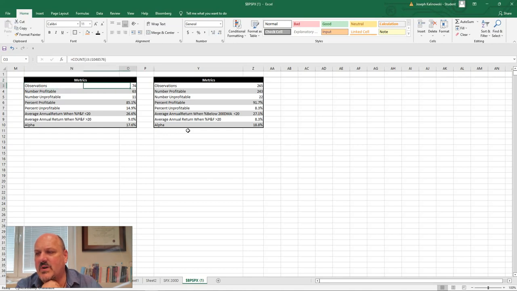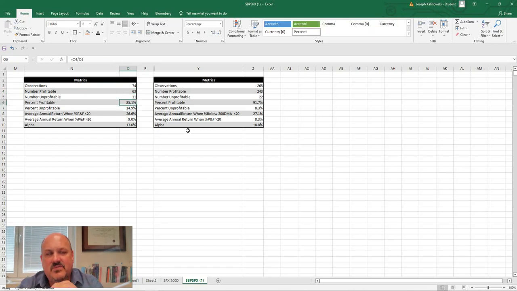Of the 74 observations, the one-year return was profitable 63 times and unprofitable 11 times. So there was a profitability ratio of about 85%, or an 85% probability that the market would be higher over the coming year when the percentage PNF is less than 20.